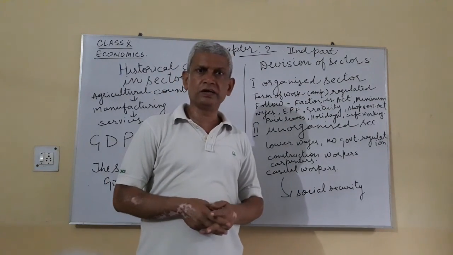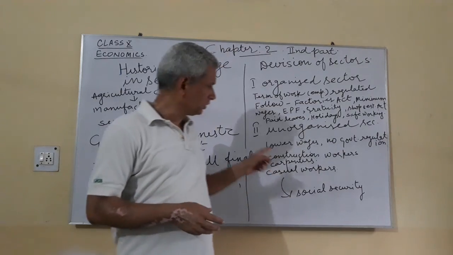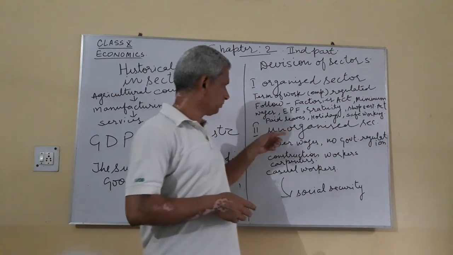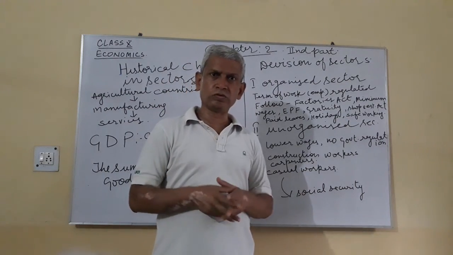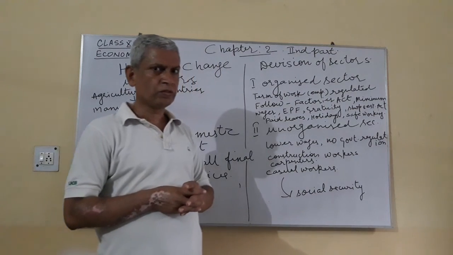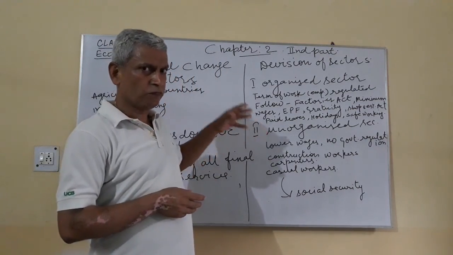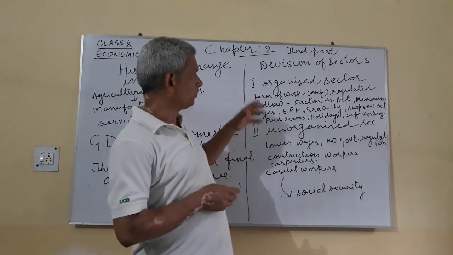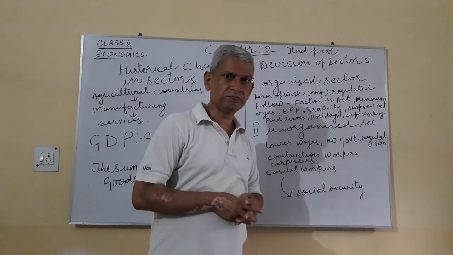Basically, India is a country where the majority of people work in the unorganized sector. A large number of people are scattered throughout the country in the different sectors of the economy. But only a small number of people work in the organized sector.